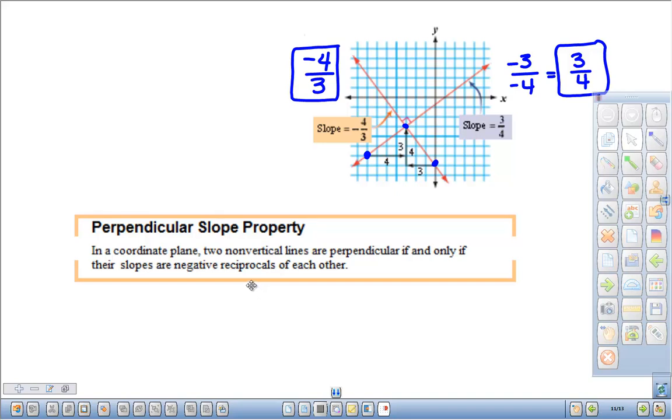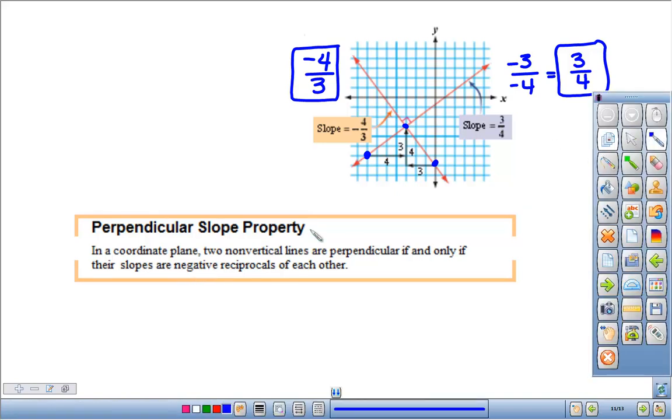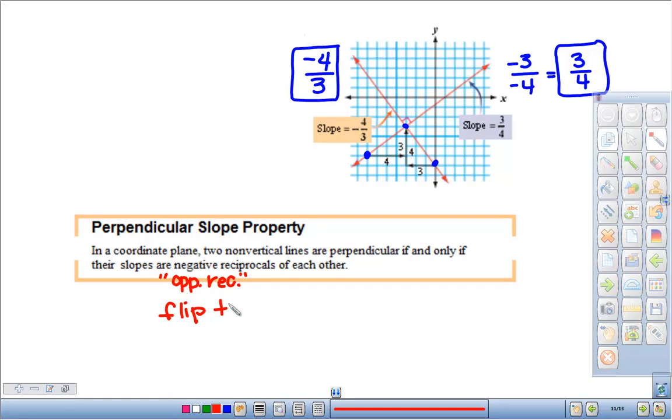Or you could say opposite reciprocals. Opposite means they're different signs. So you may want to make a note that we'll often call this opposite reciprocals. You'll hear me say flip the fraction and change the sign.